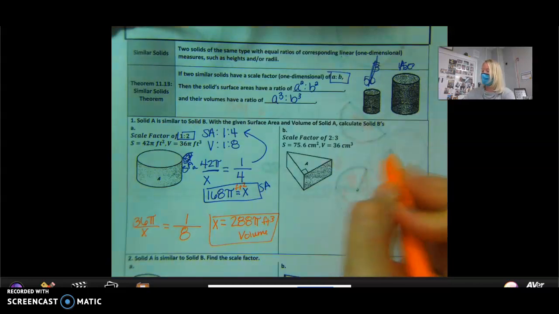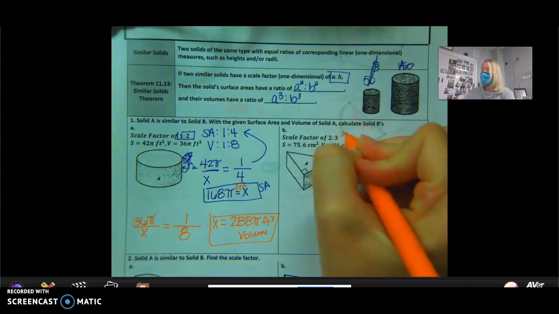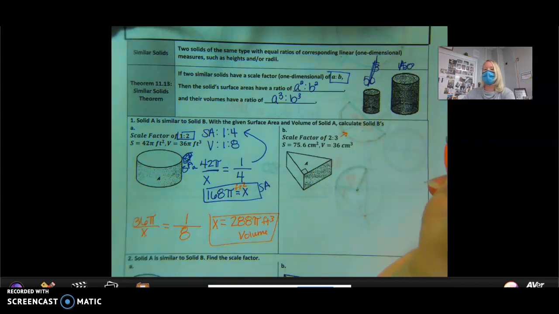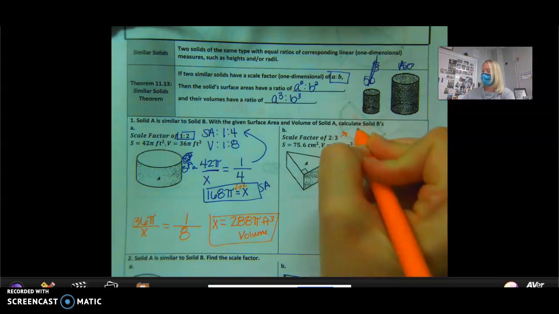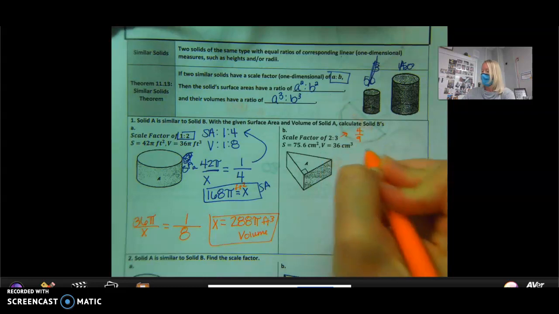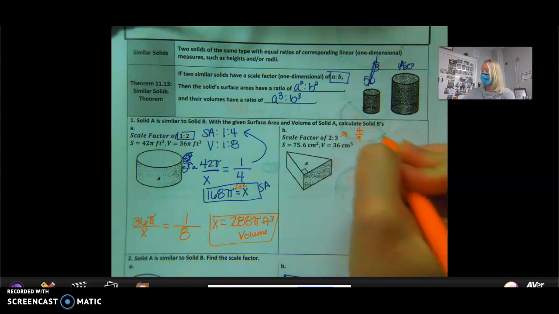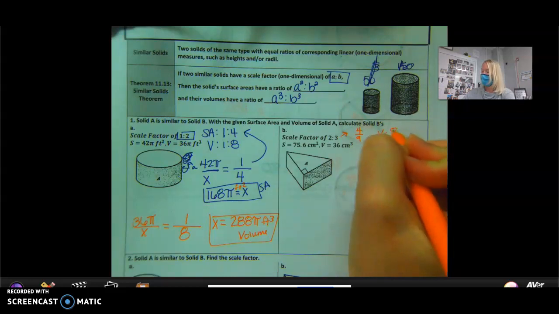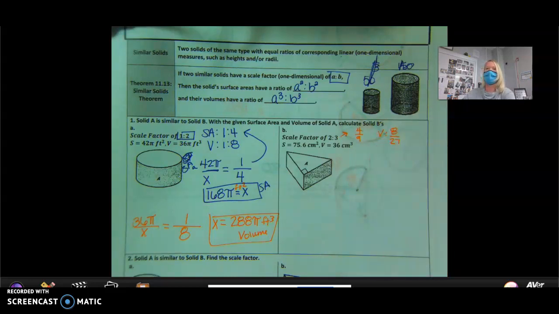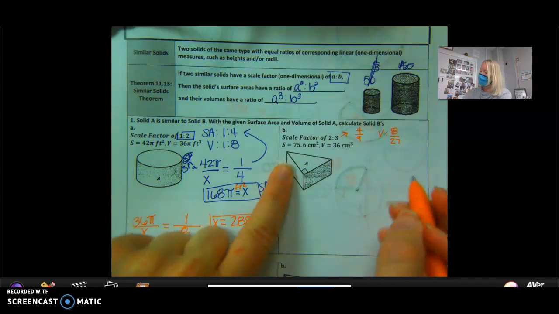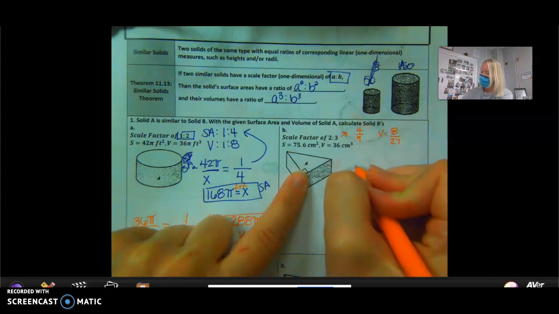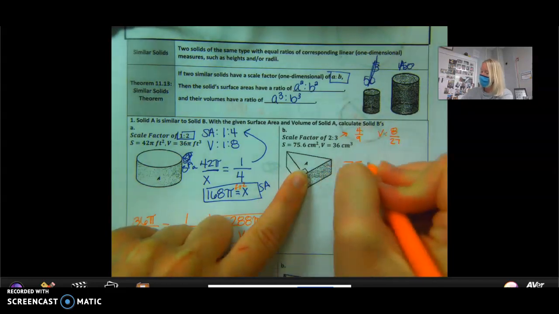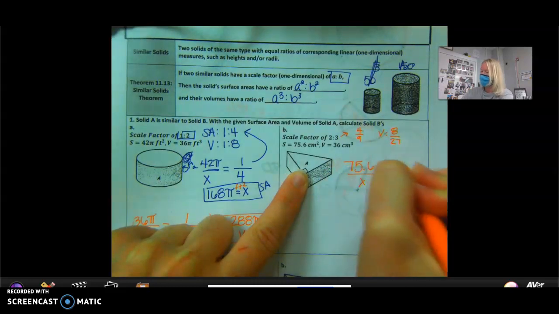Okay, let's try this one. So what would the scale factor for the surface area be on this guy? 4 to 9. And what would the volume ratio be? 8 to 27. Did you guys get that first off? Perfect. So figure A's surface area is 75.6 over x equals 4 over 9.